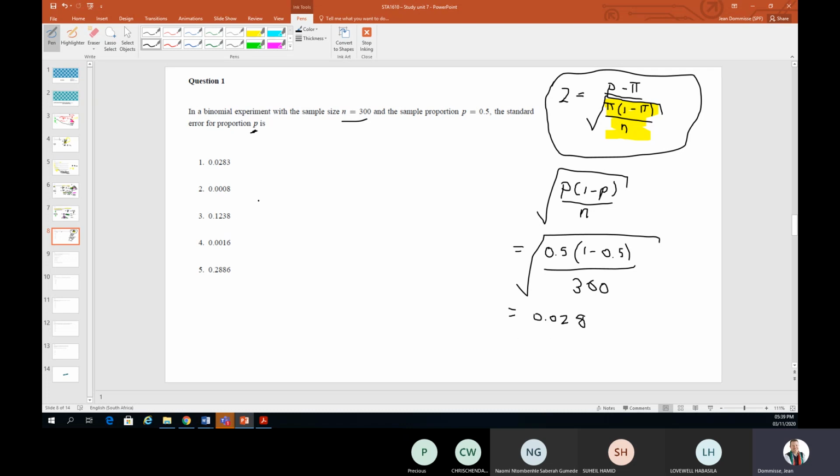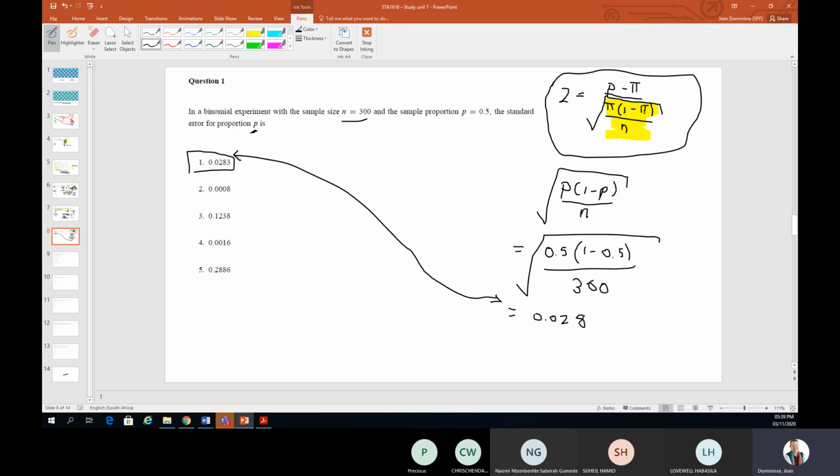Okay, so let's see, 0.0283. Okay, so that one is, I just want to check 0.2. No. Okay, so that one is the closest to that.